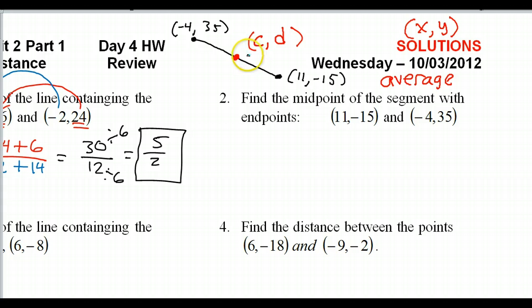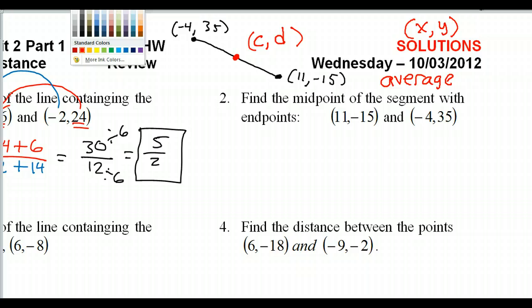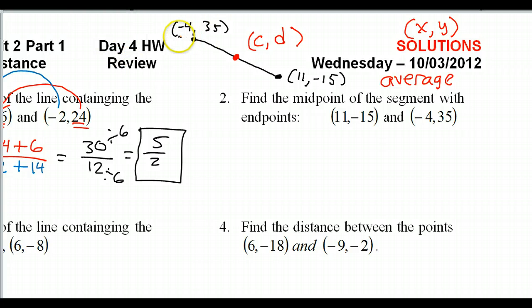Average. The midpoint is in the middle, but that means that the x value is going to be the average of the x's, and the y value, the d value, should be the average of the y's. So how do we calculate the average? You know, of course we add things up and divide by 2, and that's how we find the average.